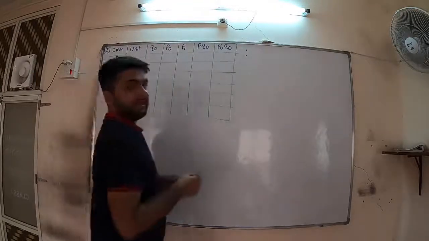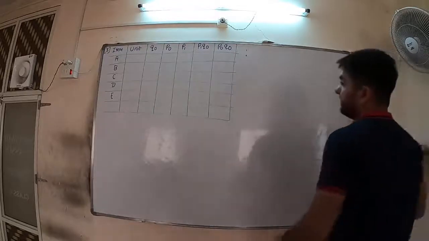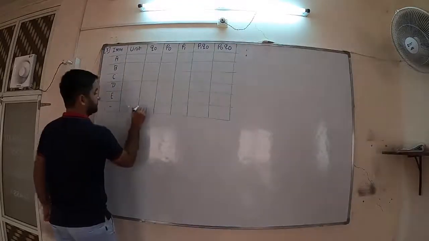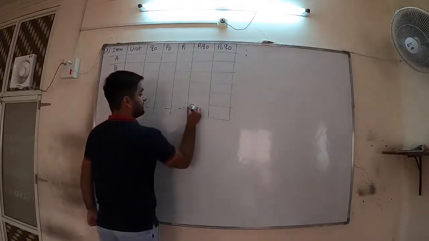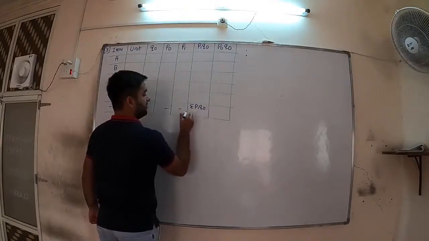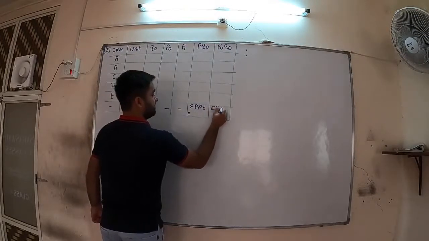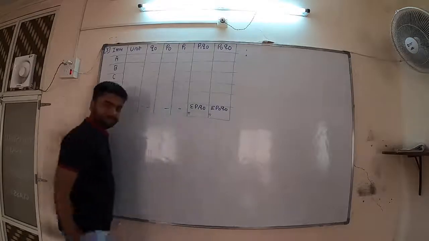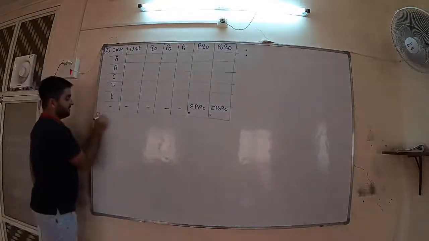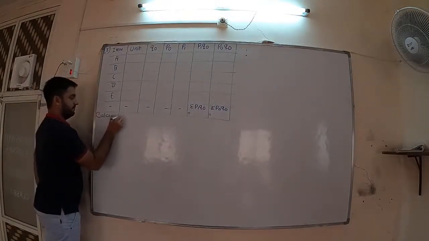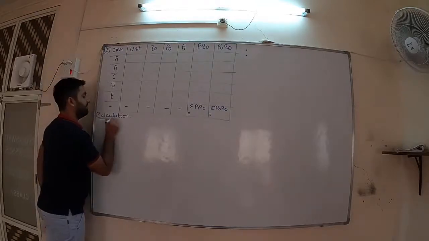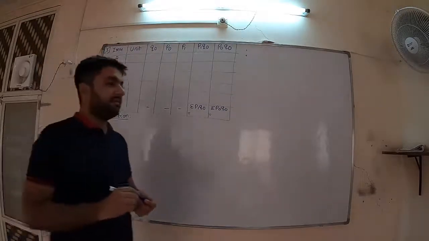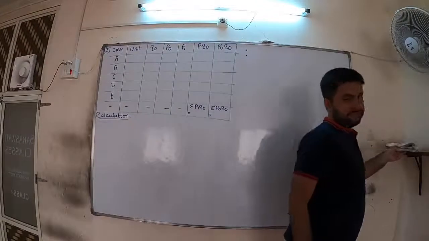Now the total of the last two columns is only required: sigma P1 Q0 and sigma P0 Q0. Now our calculation. Here remember there is only one quantity, okay? There are no two quantities.